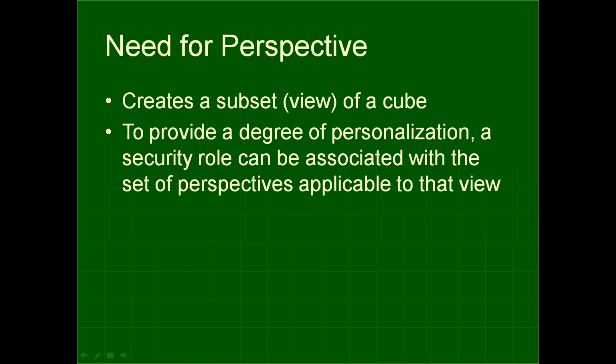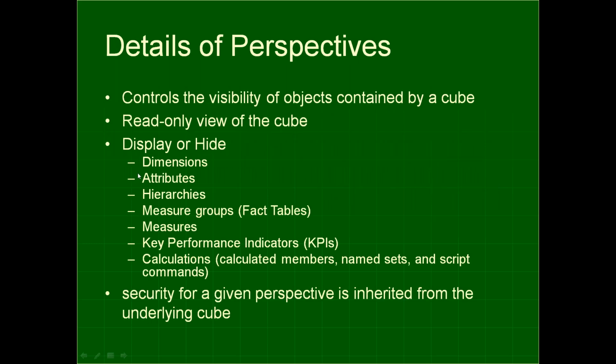What is the meaning? I will explain. For example, it controls the visibility of the objects contained by a cube, a read-only view of the cube, to display or hide dimensions, attributes, hierarchies, measures, and so on. Security for a given perspective is inherited from the underlying cube.